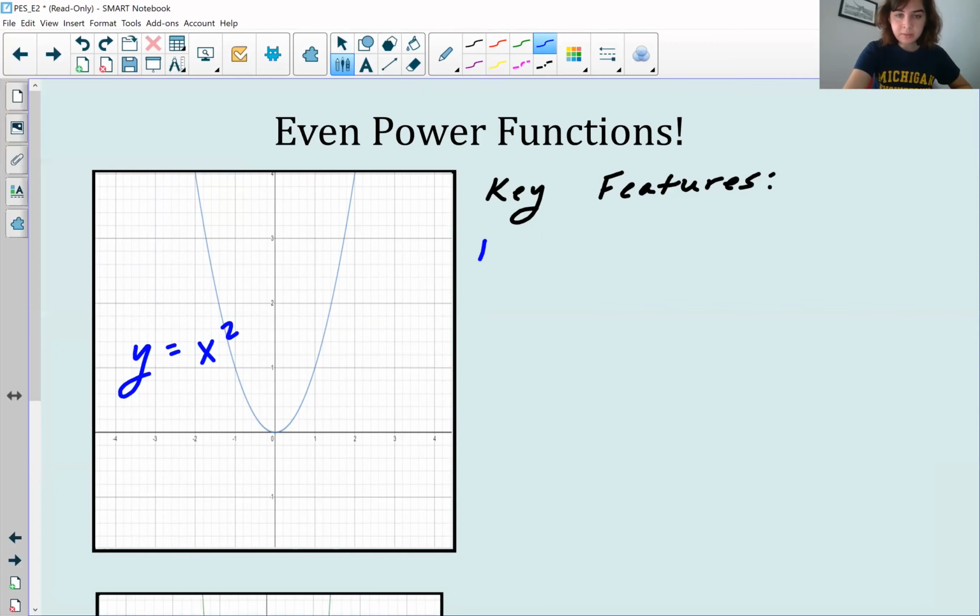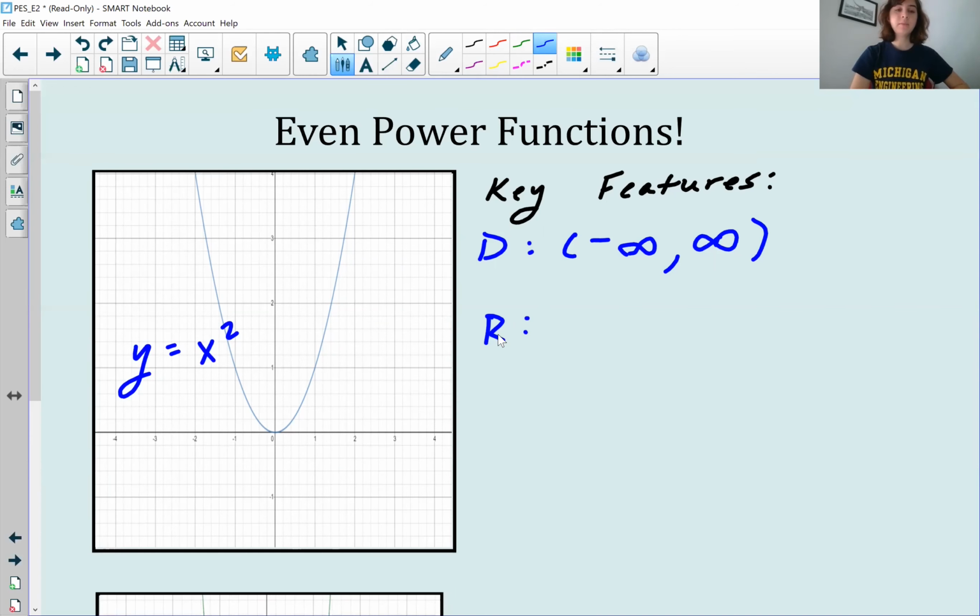Starting with domain, we're looking for the x values that will give valid outputs, and no problems here. Negative infinity to infinity. Usually we watch out for asymptotes or invalid numbers, but we're good here. And I do have a video on domain and range, so if you need to review, you can watch that.